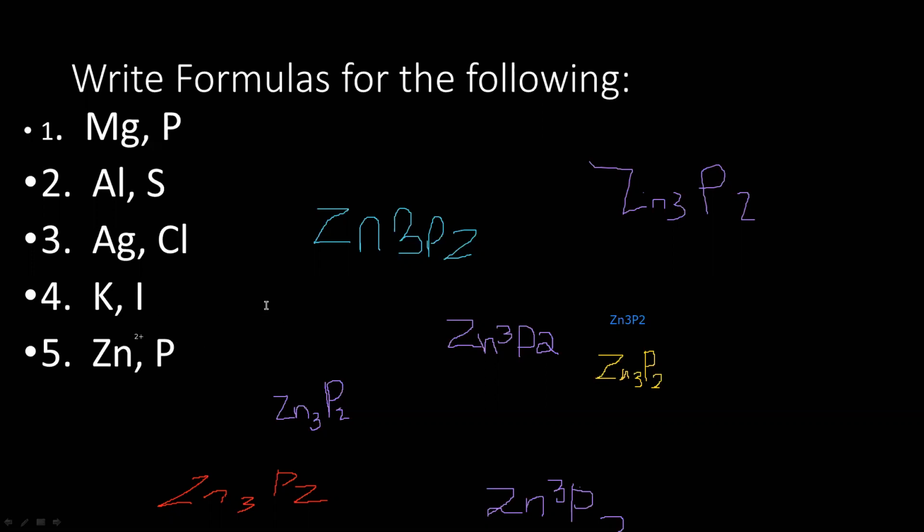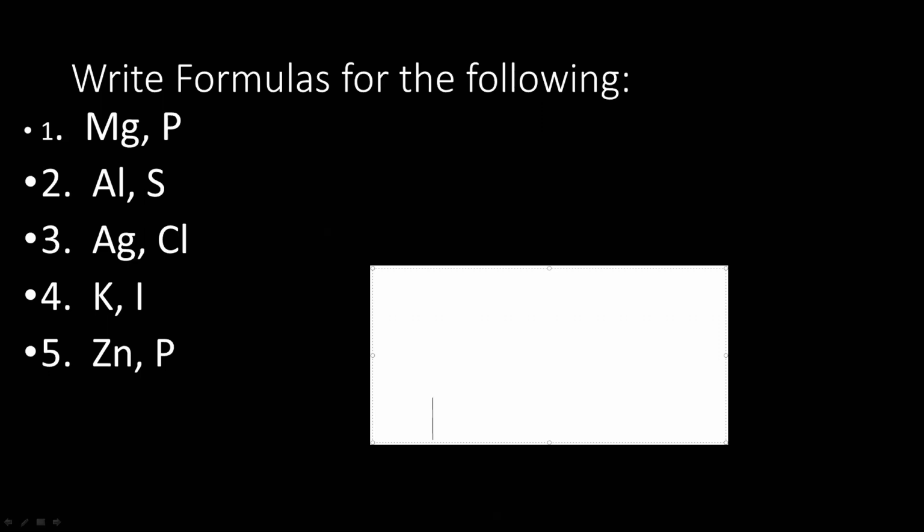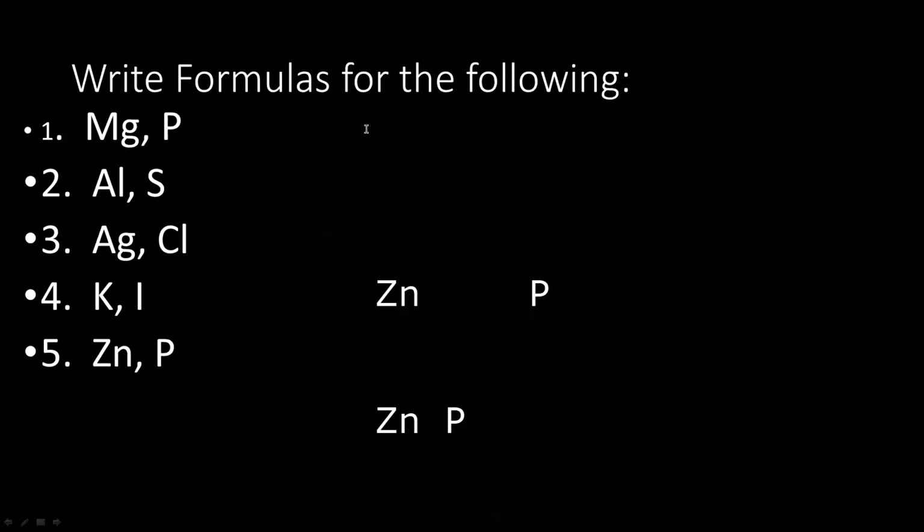So somebody asked how we got that 3 for zinc. So I'm going to clear all the drawings and write this out in big letters. I've got Zn and P. So zinc, being one of our special metals, we know that its charge is always 2+.